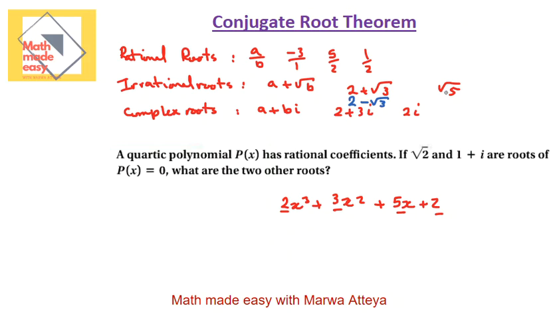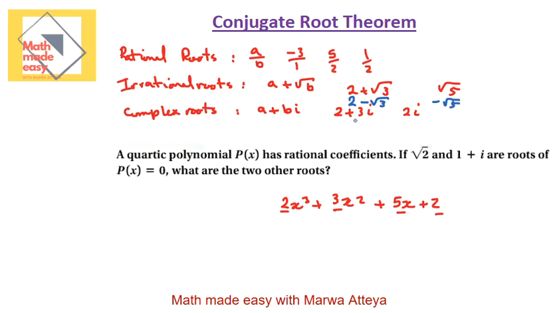If I have radical 5 as a root for a polynomial function, its conjugate, negative radical 5, is also a root. We can't have a root as a radical 5 alone, and when we multiply we get rational coefficients. That's not possible. It has to be radical 5 and its conjugate, negative radical 5. Same situation for complex roots.